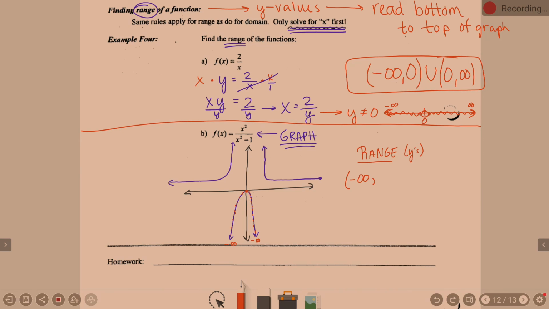And that's the y value of 0, yes? So negative infinity to 0. 0 with a parenthesis or bracket? Brackets. Does my graph touch 0? Yes, because that is the maximum point there on the parabola. So this is actually going to be a bracket.